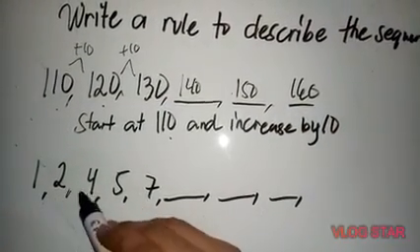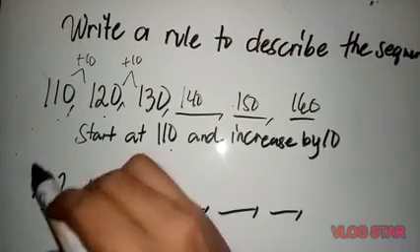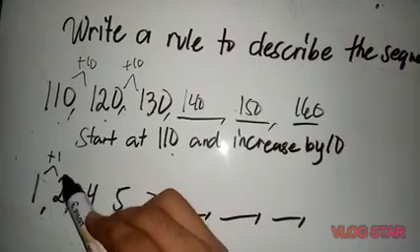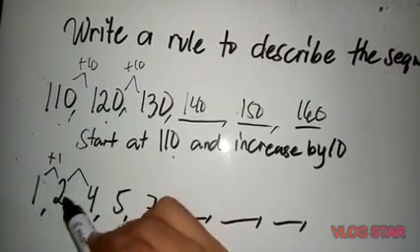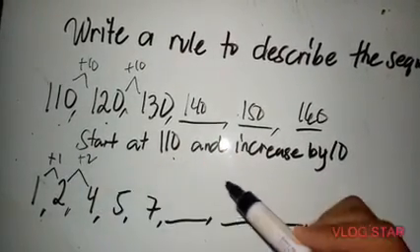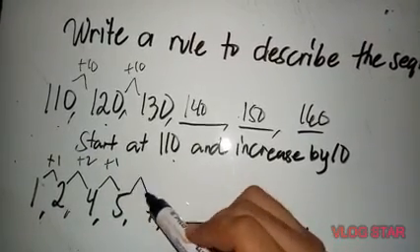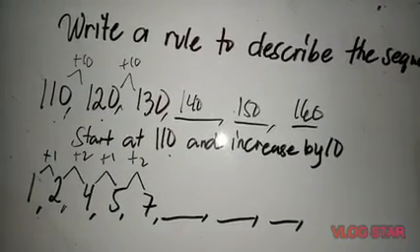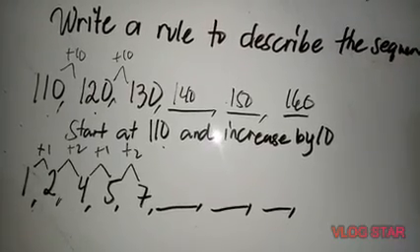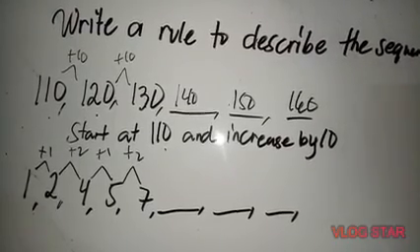Next is 1, 2, 4, 5, 7. In the first and second term, add 1. What about the relationship of the second and third term? Add 2. Then here, add 1. Then next is add 2. You can observe that we are alternately adding 1 and 2.